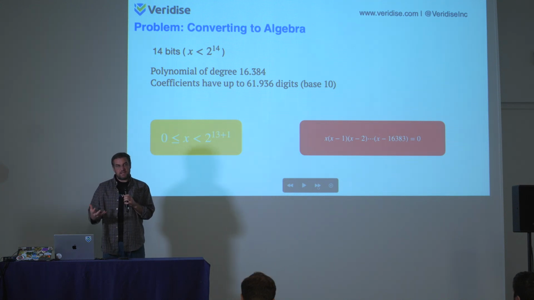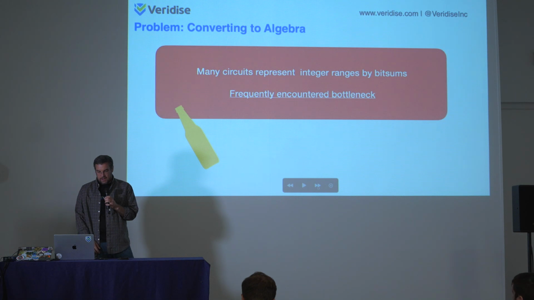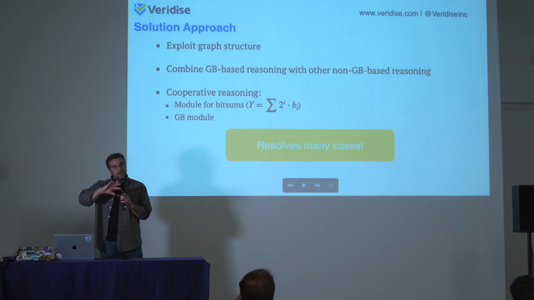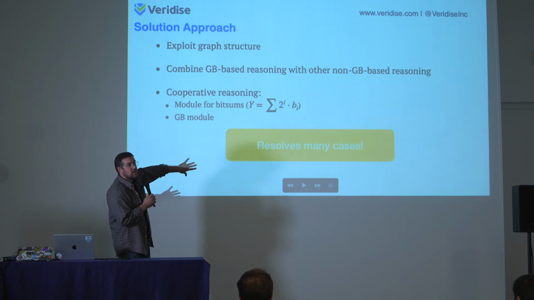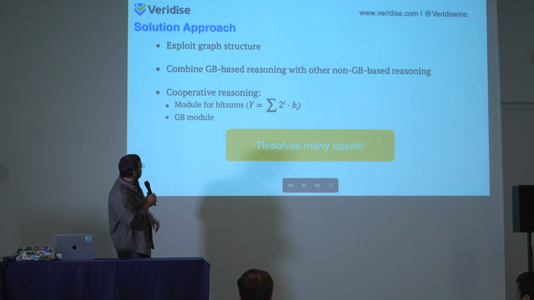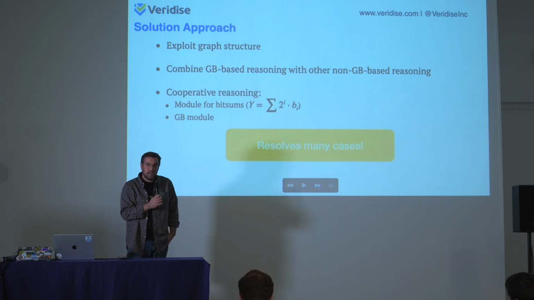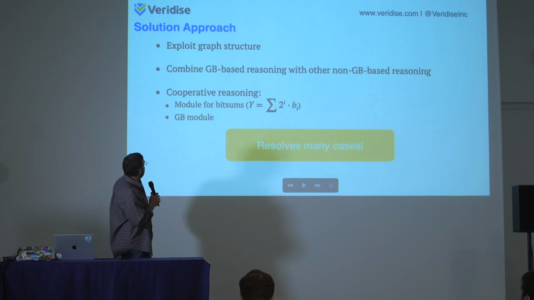And then we basically said, why load all of this complication on the back of the SMT solver? Let's have these range constraints and bit sums, which in most cases cause the main bottleneck, treated separately. So we have this cooperative reasoning approach that we implemented in some of our tools that has a separate module for bit sums and range constraints, and it has a usual Gröbner basis module for the normal SMT solver.